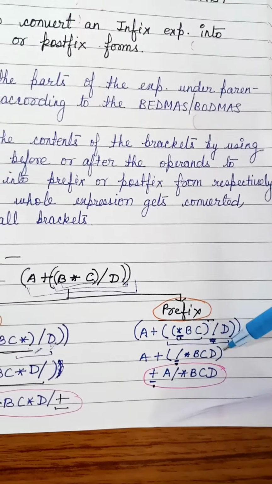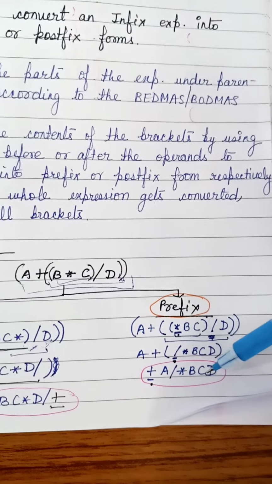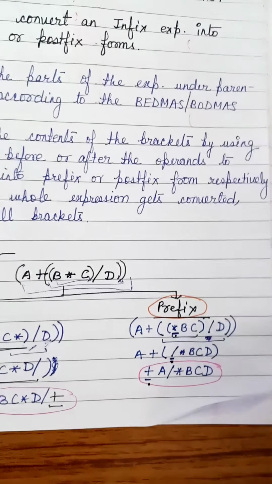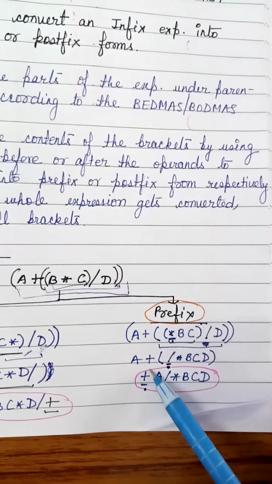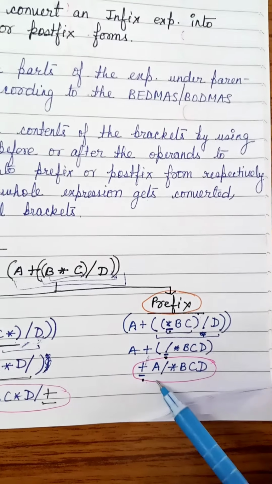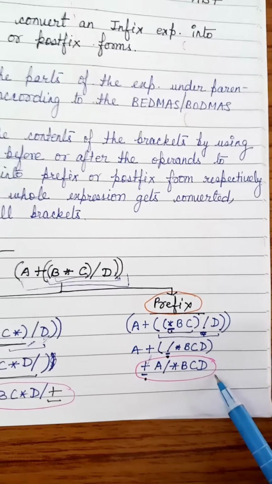So the expression will be a plus upon asterisk bcd. Now plus, so you have to prefix this operator now. So plus a upon into bcd.